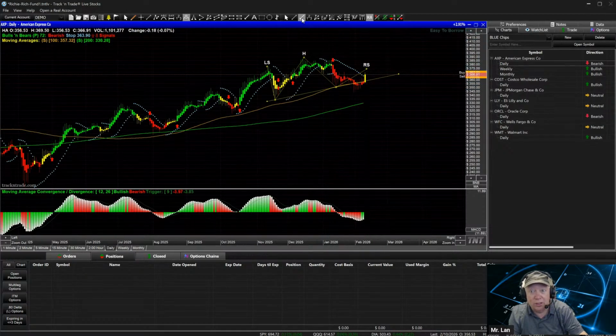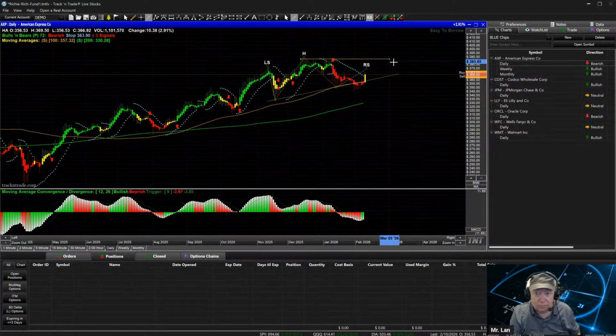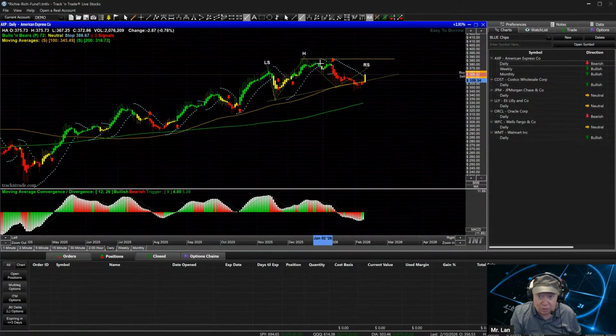Now, the question is, is that right shoulder going to go up and break across that top and make new highs? If it is, well, it's going to be an amazing market. But usually what happens, and you can see it hasn't happened, is it keeps going up and breaking new highs, going down, breaking new highs, going up, breaking new highs. So if you think the market is going to go up, break a new high, and then just keep on going, you could buy right there.